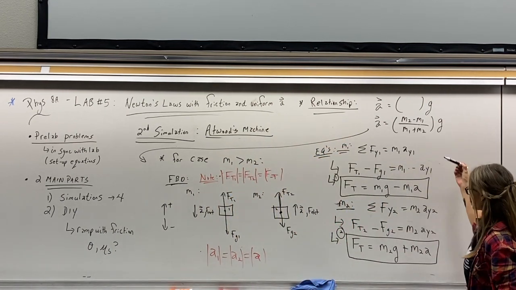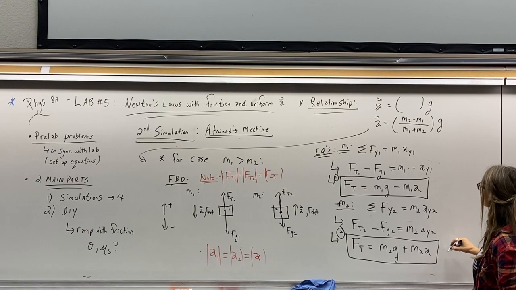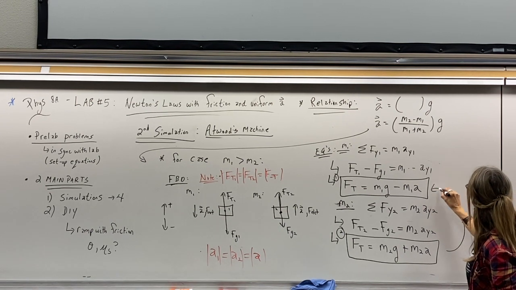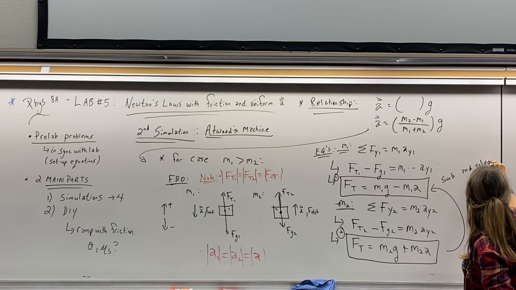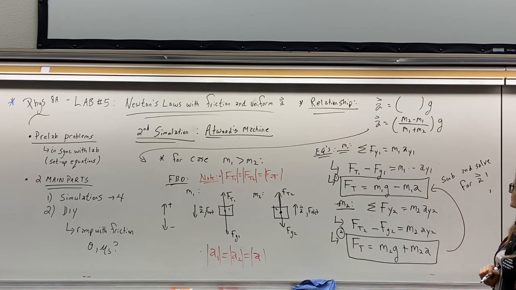You get this relationship. So you substitute and solve for your acceleration, and you could get that value. And you see this nice clear-cut relationship. And then you could get your acceleration in terms of little g.